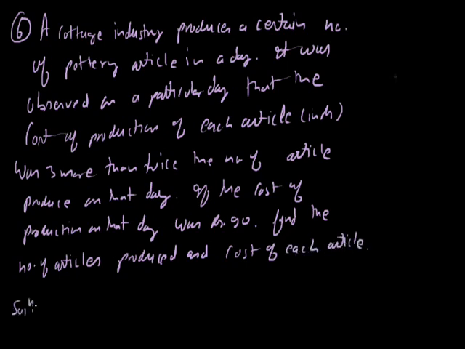Now let's see how we can solve this question. It is given that the cost of each article is 3 more than twice the number of articles produced on that day. Here we don't know how many articles were produced on that day and what is the cost of each article, but a relationship between these two is given to you.